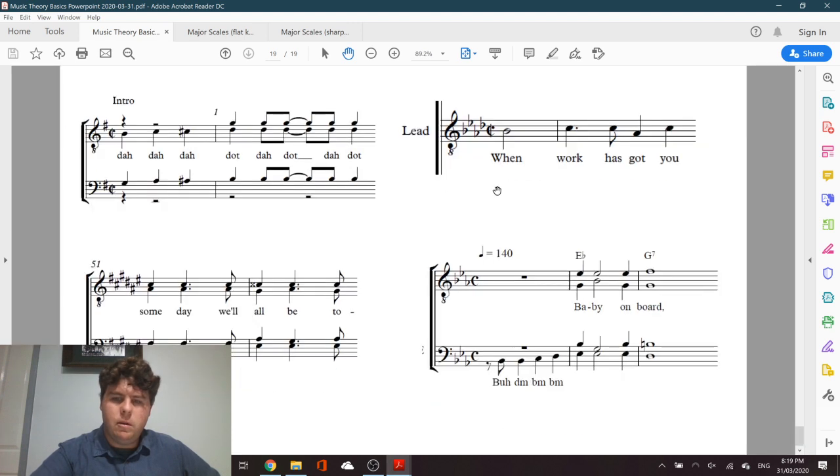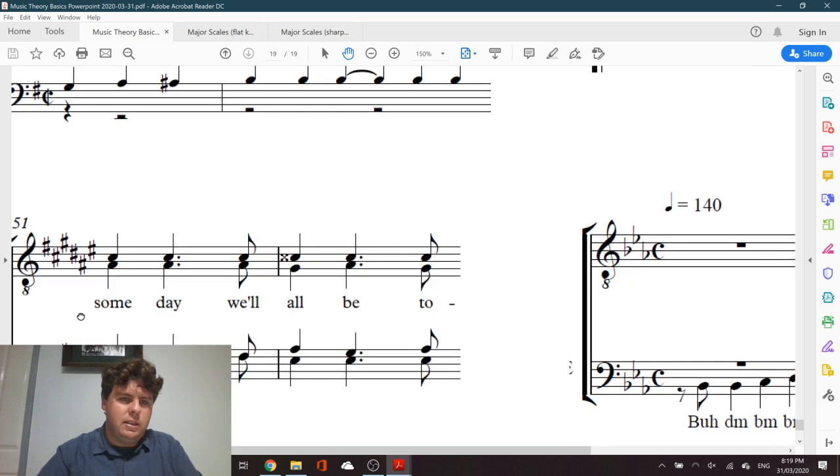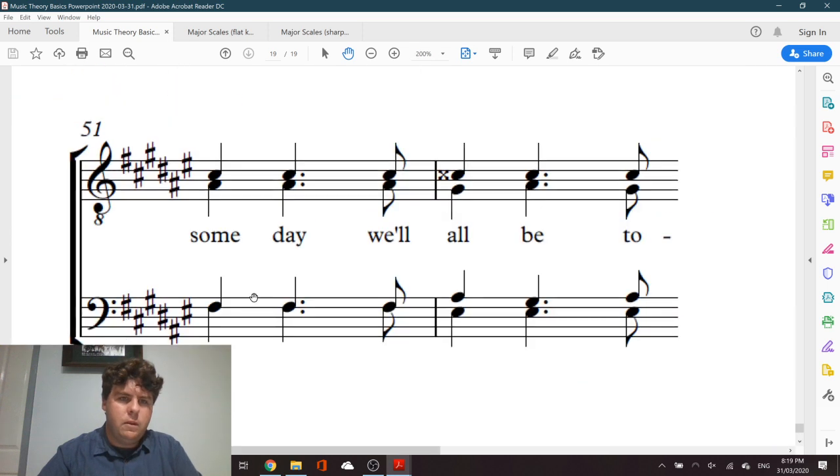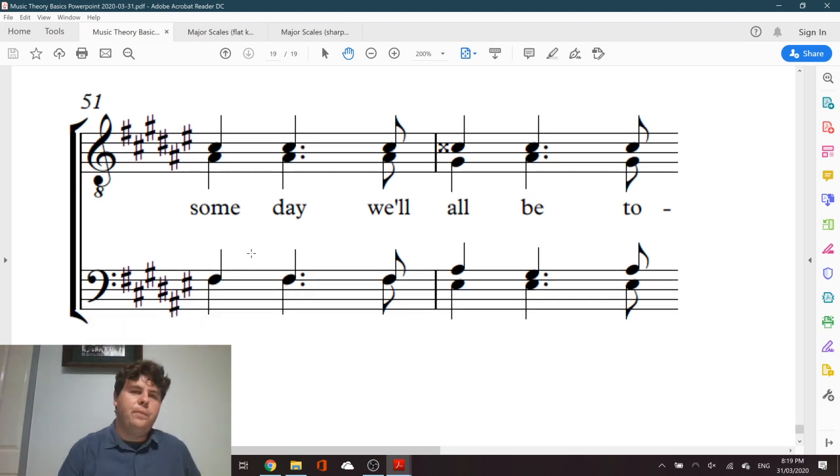Let's look at another one. Alright, I chose this one because it looks so crazy. This is from Still Call Australia Home. So it's got 1, 2, 3, 4, 5, 6 sharps. 6 sharps, oh my god. That's pretty much everything is sharp.